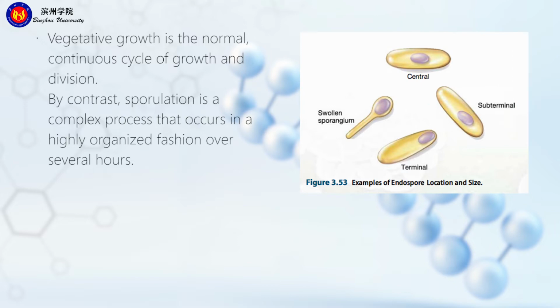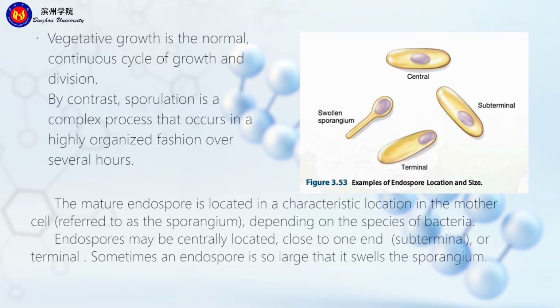Look at the picture. It shows examples of endospore location and size. The mature endospore is located in a characteristic location in the mother cell, referred to as the sporangium.